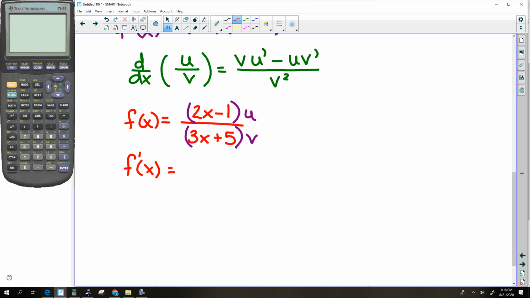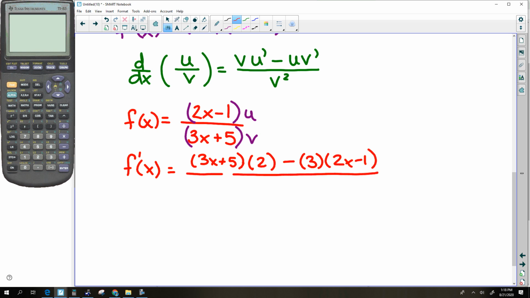So, bottoms up. So, 3x plus 5 comes up, derivative of the top. Minus the vice versa. So, I take the derivative of the bottom times the regular old top.